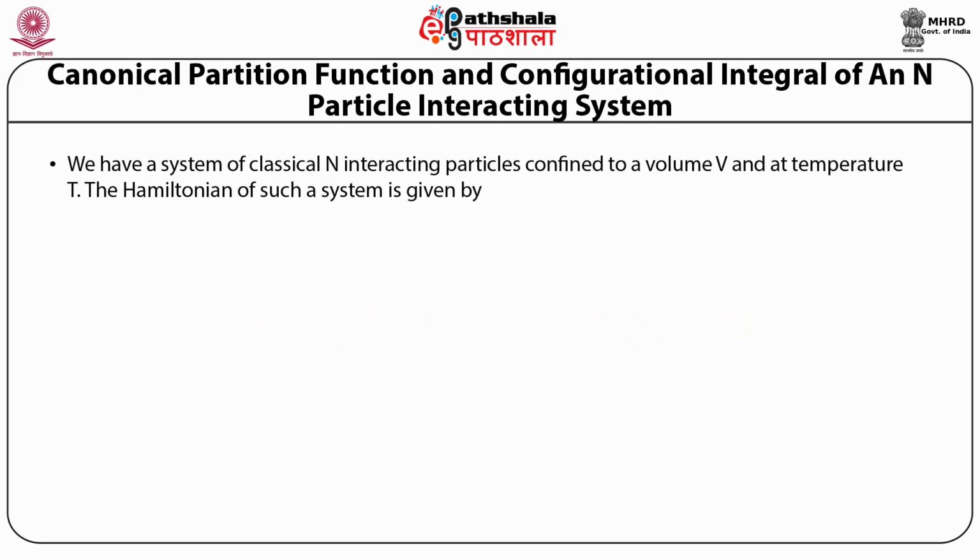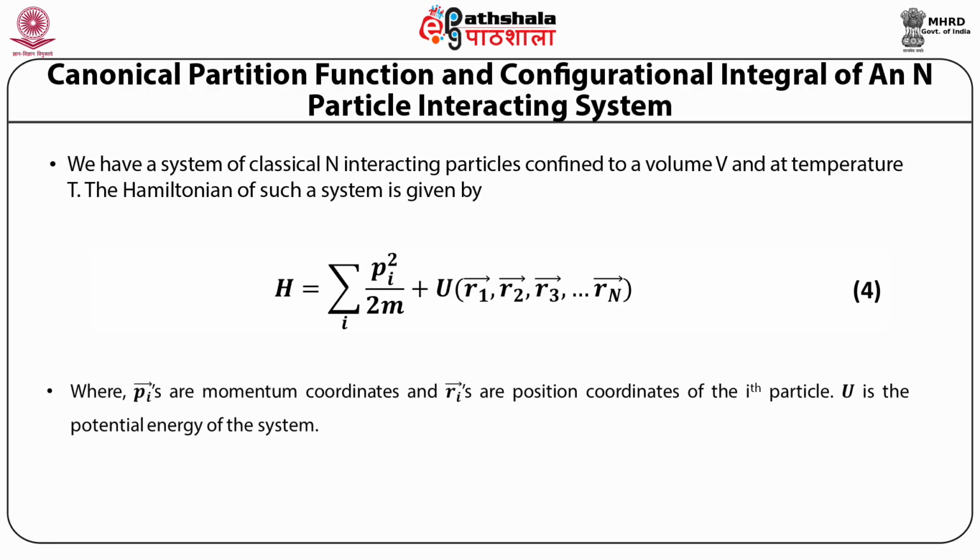We have a system of classical n-particle interacting systems confined to a volume V and temperature T. The Hamiltonian of such a system is given by H equals summation over i of p_i squared upon 2m plus U as a function of r1, r2, r3 and rn, the position vectors of particle 1, 2, 3 and so on up to n, where p_i's are momentum coordinates and r_i's are the position coordinates of the ith particle.